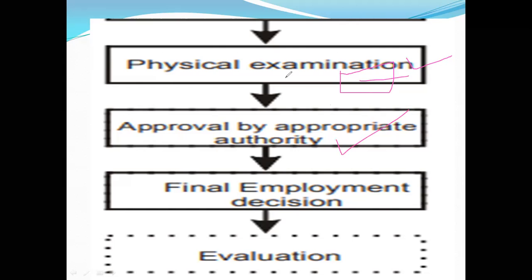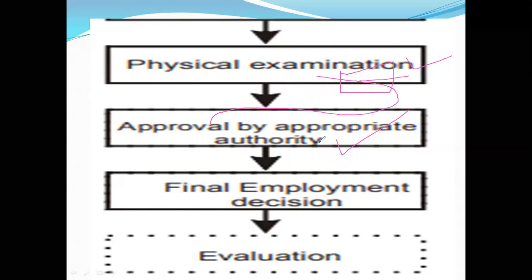So after the physical examination is over, you will send the list of provisionally selected, not finally selected, provisionally selected candidates for approval by the appropriate authority. That may be the directors of the company, managers, or any designated, predetermined authority of recruitment.